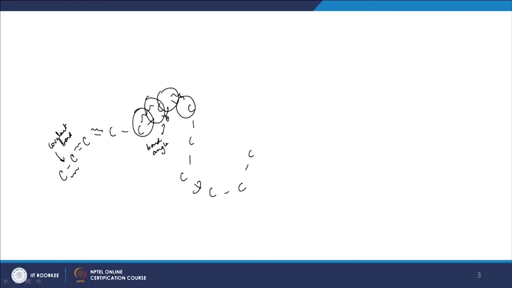And then if I look at four adjacent carbons, what we have here is what is known as a torsion angle between 1, 2, 3 and 4, and the torsion angle can be relatively weaker compared to the bond distance or the bond angle.